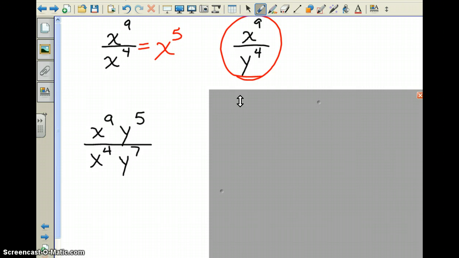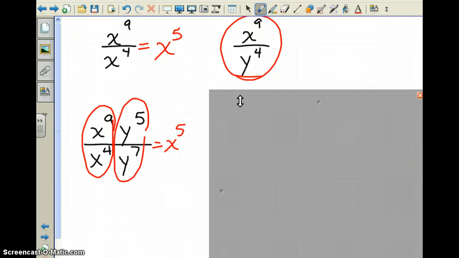Next example, we've got a couple of bases. We've got x's and y's, so we're going to divide them each separately. We're going to take the x's and divide, so we already did. X to the 9th divided by x to the 4th is x to the 5th. And for the y's, when we go to subtract here, 5 take away 7 will be -2.